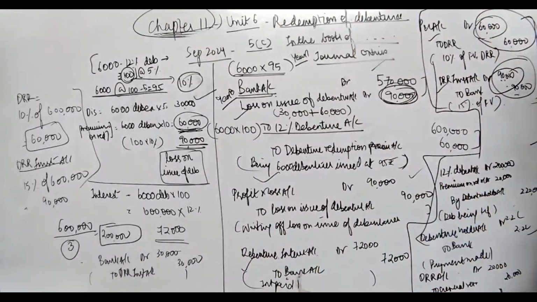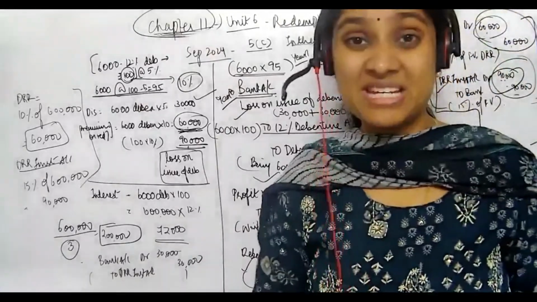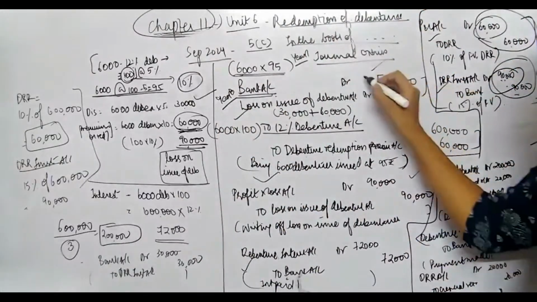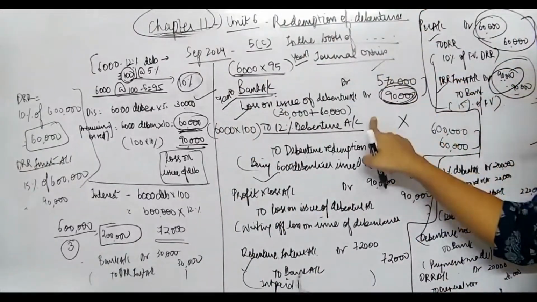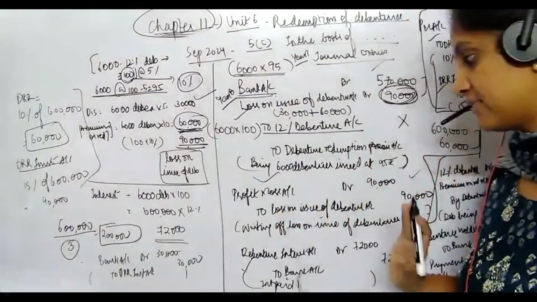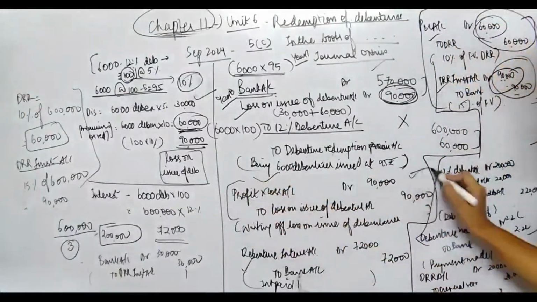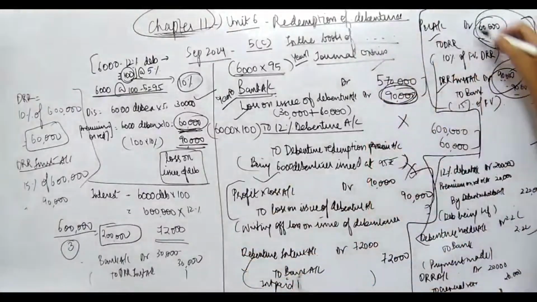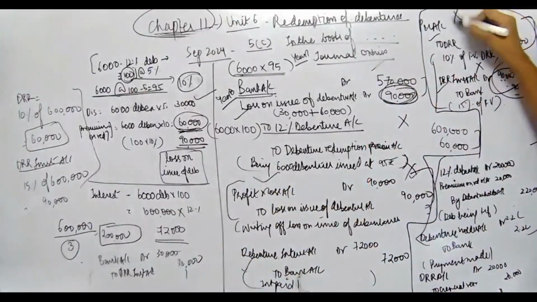Now, my dear students, year 2 will become very, very easy. Madam, should I post so many entries? No, not required. This entry will not come, because you have already done the issue in the first year. How about this entry, madam? This also will not come because you have already passed the entry. This entry, will it come? No, madam, I have already passed it in the first year.